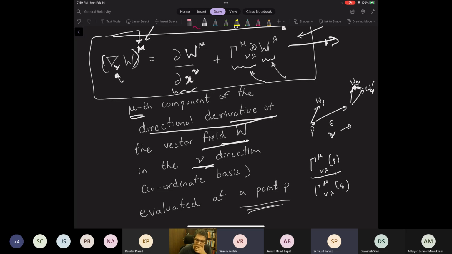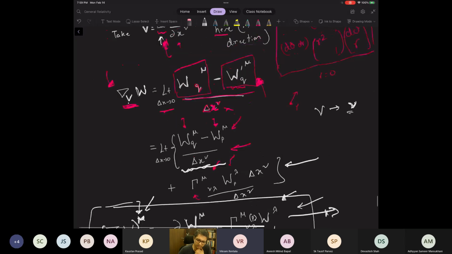But if we go from Q to P, then gammas should be evaluated at Q. But shouldn't then the gammas at Q be negative of gammas at P? No, because delta X would be negative if you go from Q to P. Oh, yes, sir. Delta X would be negative.